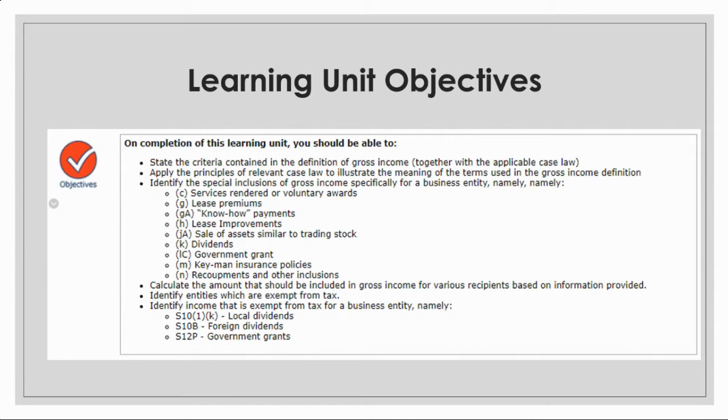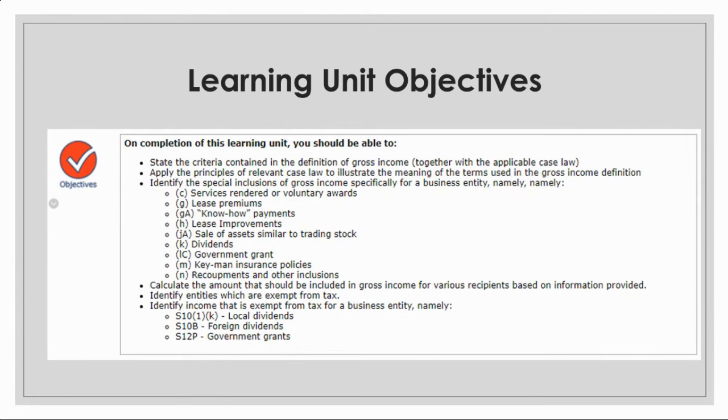Then be able to identify the specific inclusions. They've limited the ones you need to be aware of to services rendered or voluntary awards, lease payments, no-hour payments, lease improvements, assets similar to trading stock, dividends, government grants, Keyman insurance policies, recoupments, and other inclusions.